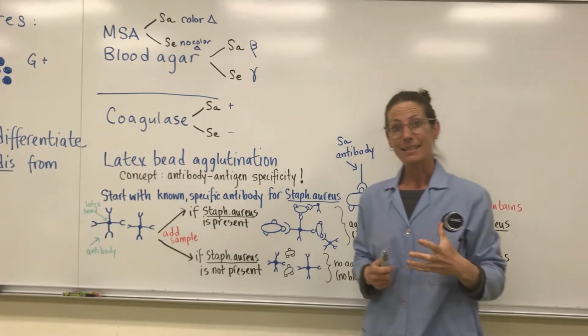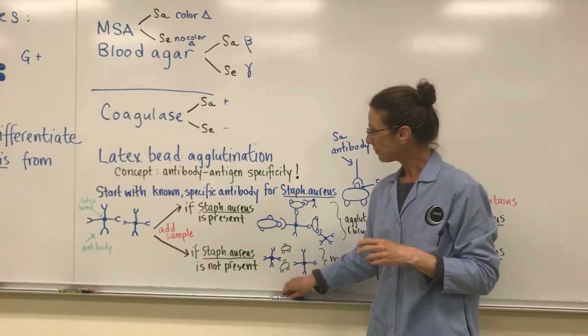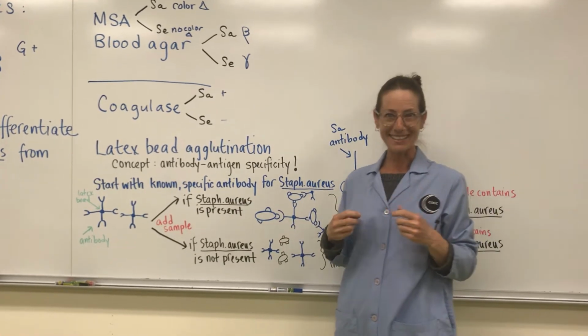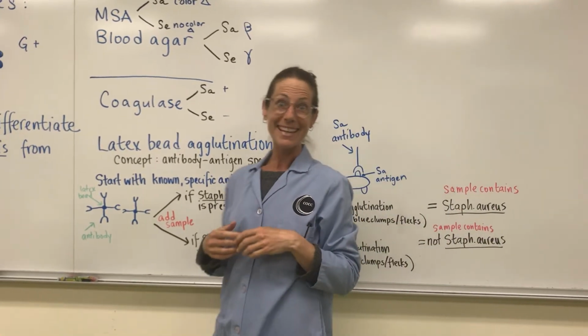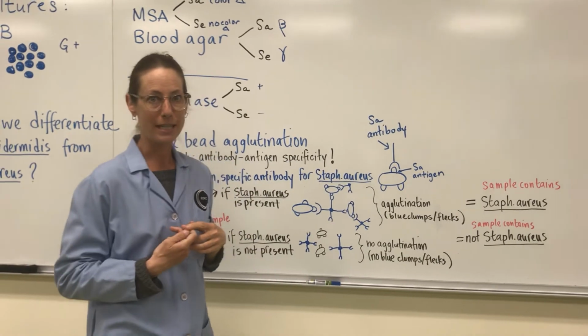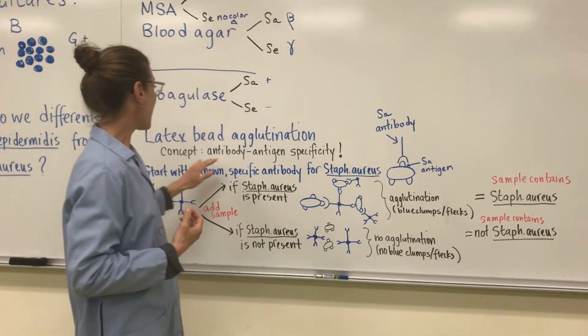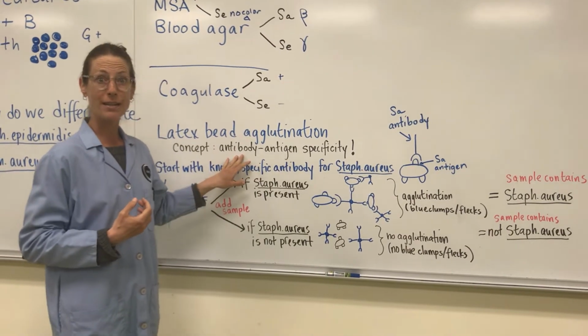The last test that I want to talk you through is one that we haven't explored much, so I'm going to take a little time. This is called a latex bead agglutination test, and this relies on the concept of antibody-antigen specificity.